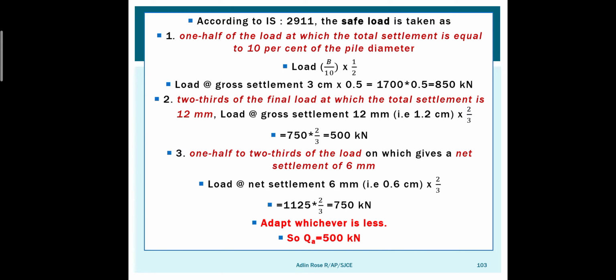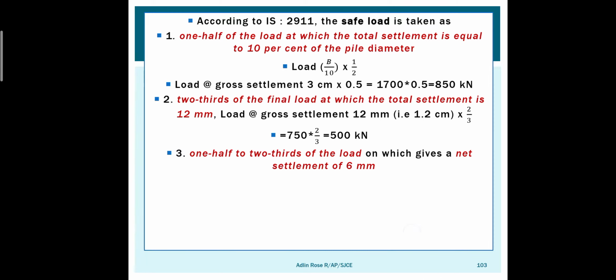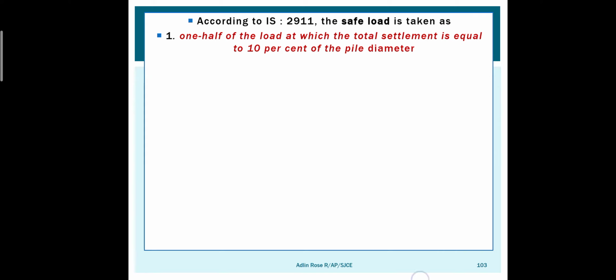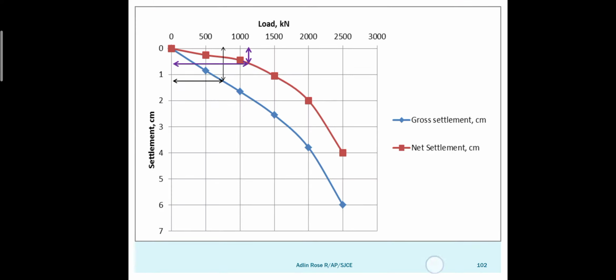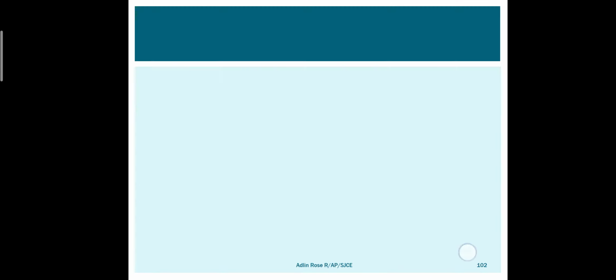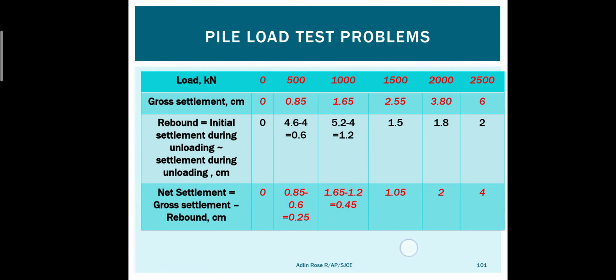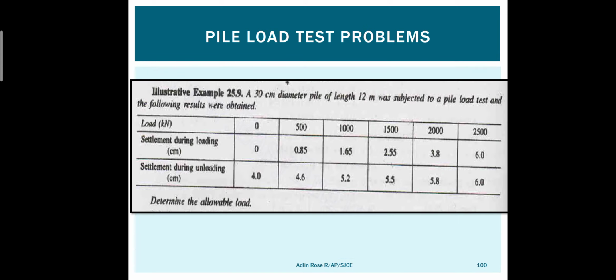So sometimes in the question, they will not give these two values, settlement for loading, unloading, like that. They'll just give load and settlement. Questions like this will also come. In those cases, you should treat everything as settlement.